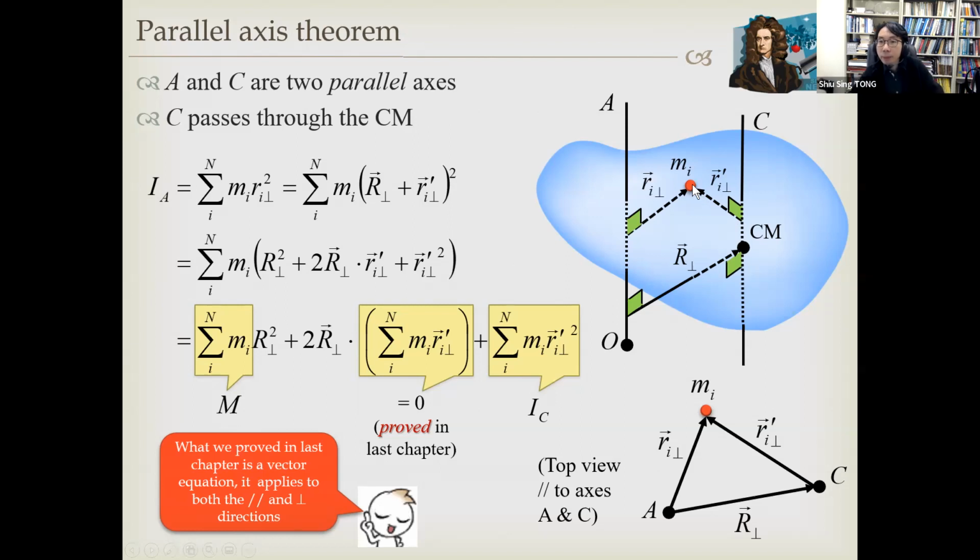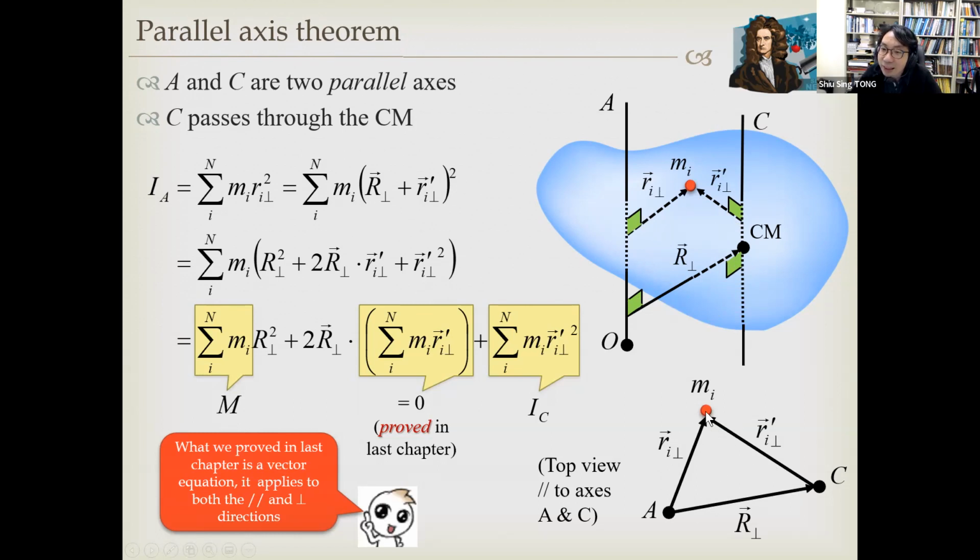Now this diagram is a three-dimensional diagram, right? If you take a look at the object from the top, imagine I'm at the top somewhere here, and I look downwards. These three vectors, Ri perpendicular, Ri perpendicular prime, and capital R perpendicular, they form a triangle, right?